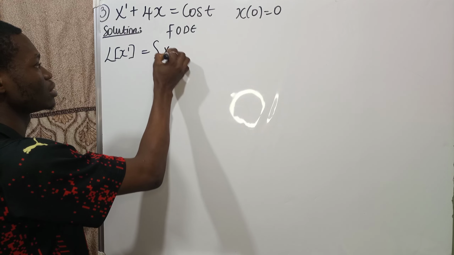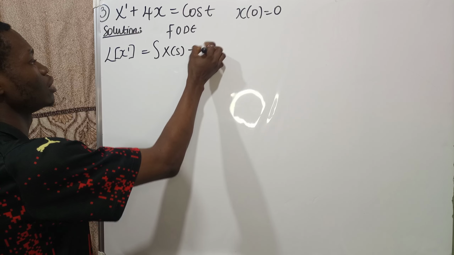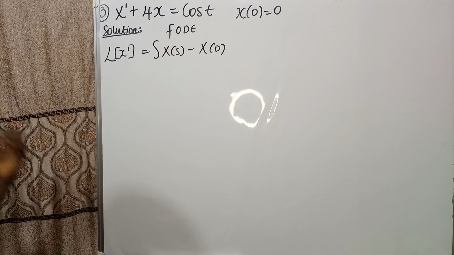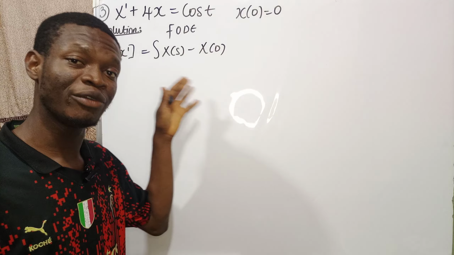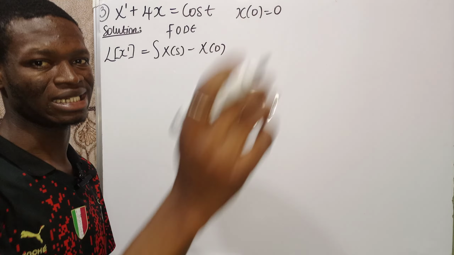So the Laplace transform of x prime is s X of s, then minus x of 0. That's the Laplace transform of this. In our previous video, I made a video on how to find the Laplace transform of the first derivative, second, third, and the rest.